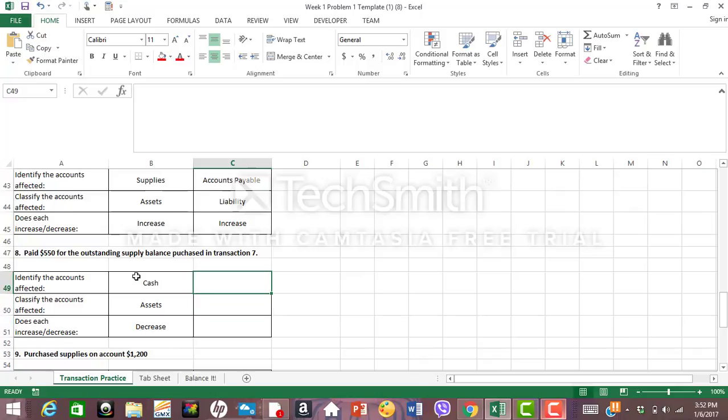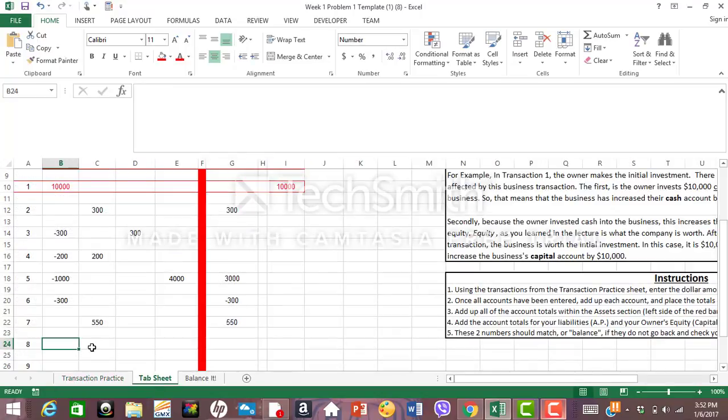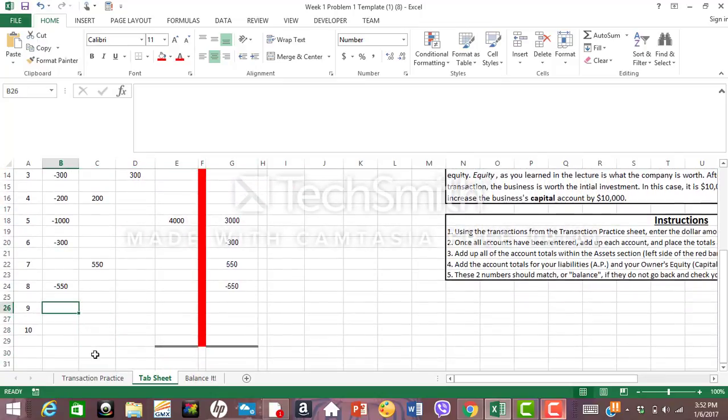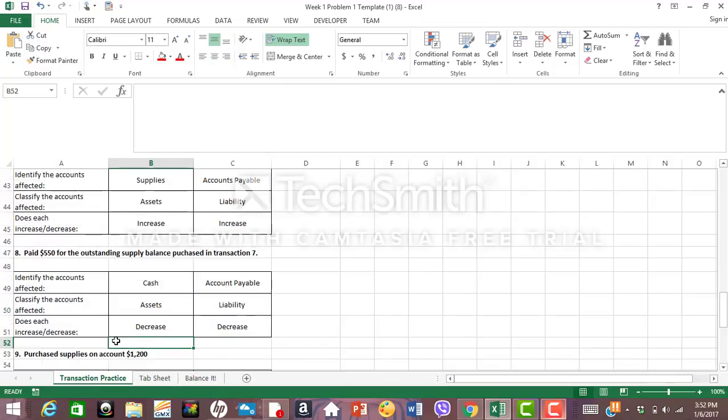And it is accounts payable, which is under liability, and it's also decreasing. All right, so then we go back over here. If we do minus 550 on cash and minus 550 under accounts payable. So we have 2 more transactions and we will be done.